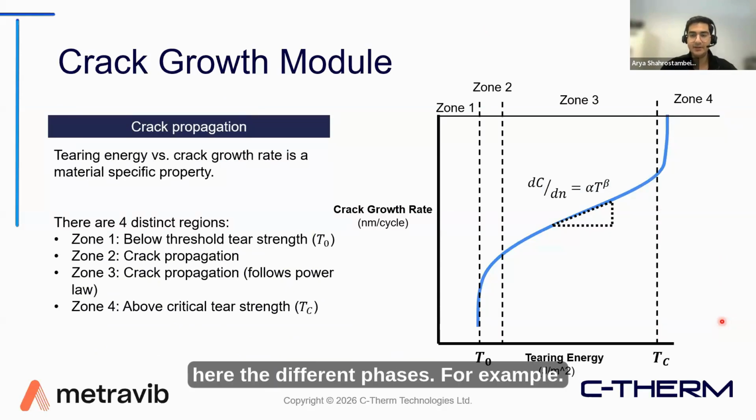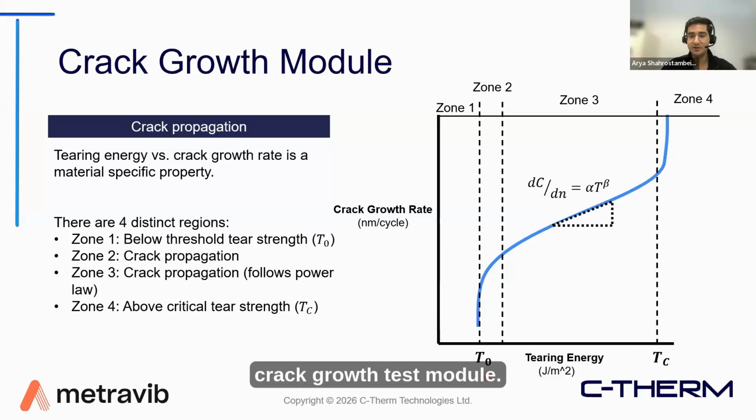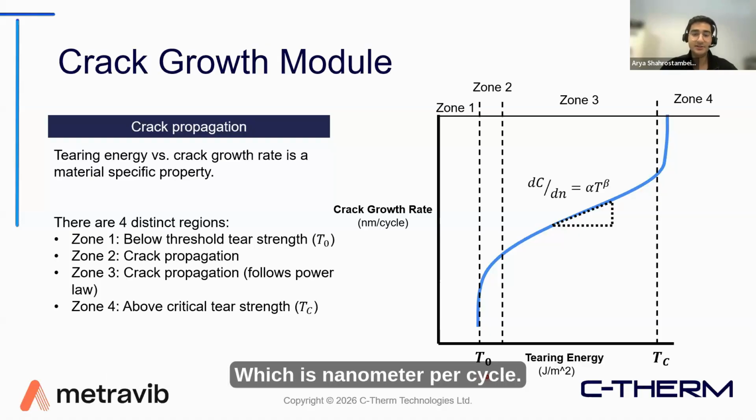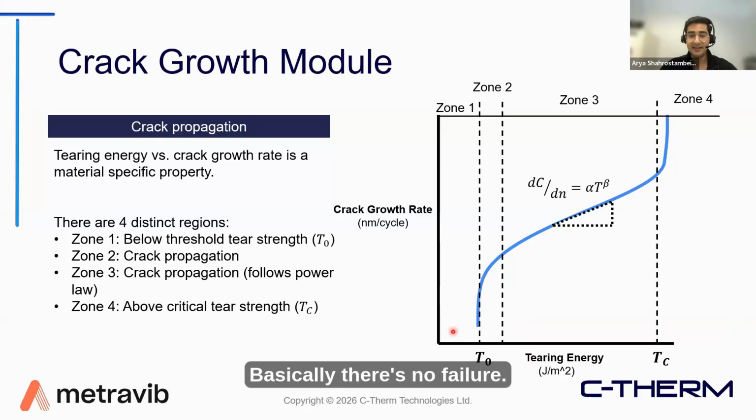I'm explaining here the different phases. For example, this is the graph that you get from a crack growth test module. On the left-hand side, you can see the crack growth rate, which is nanometer per cycle. And on the x-axis, you can see tearing energy. Basically what is happening here in zone one, there's no failure.